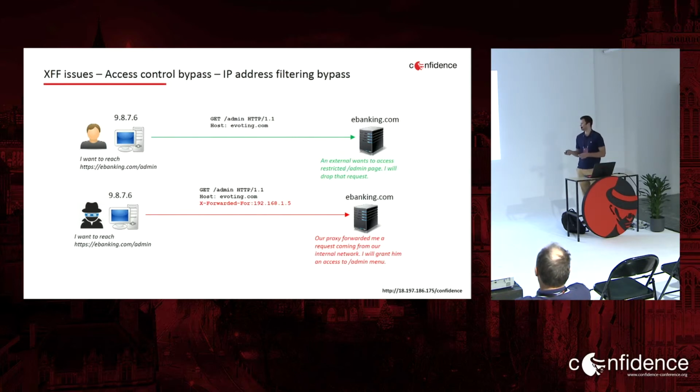So by simply modifying the value of the X-Forwarded-For header, you can access, for example, admin resources or some other restricted resources. My colleague used that technique to get access to a debug web page, which later on allowed him to perform remote code execution on the web server. So that was just the first step. He just put localhost in the X-Forwarded-For header, and it worked just perfectly.